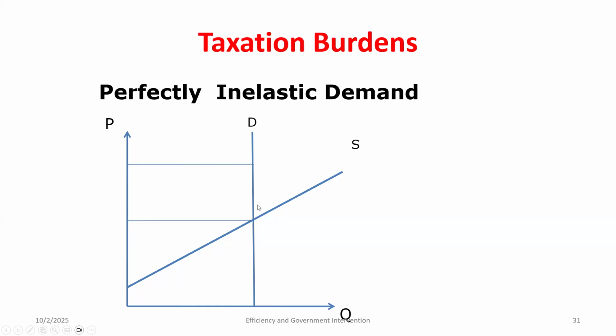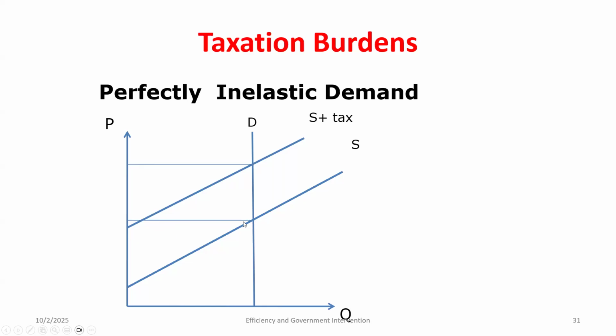If we have perfectly inelastic demand, when there's a tax, the new price the consumer pays is up here. So before the tax, what was producer surplus? Well, the old equilibrium price was here, so it was just this lower triangle. After the tax, the price the consumer pays is up here. The price the seller keeps is still whatever that old equilibrium price is.